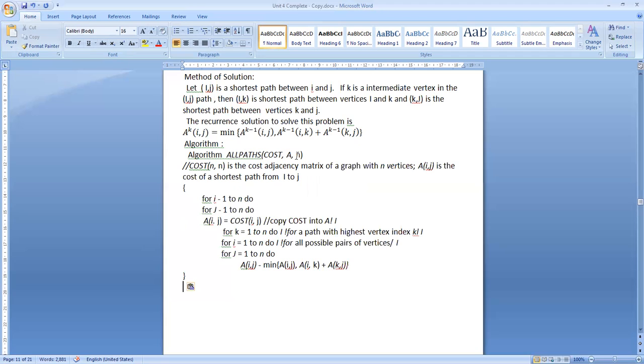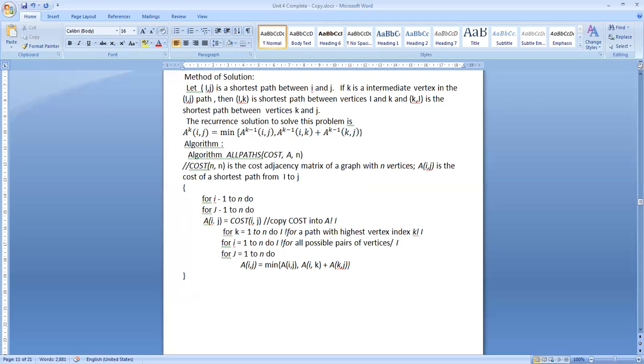Initially, A of i comma j is equal to the cost matrix of the given graph. Then for k equal to 1 to n, for i equal to 1 to n, for j equal to 1 to n, I do A of i comma j equal to the minimum of A of i comma j, and A of i comma k plus A of k comma j.